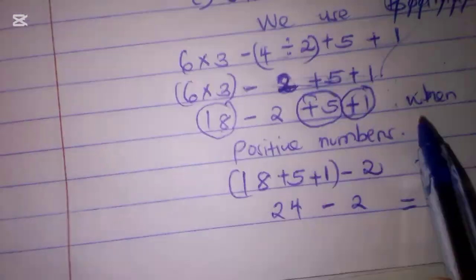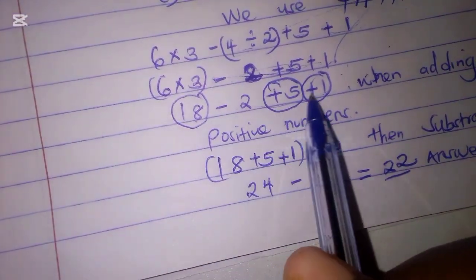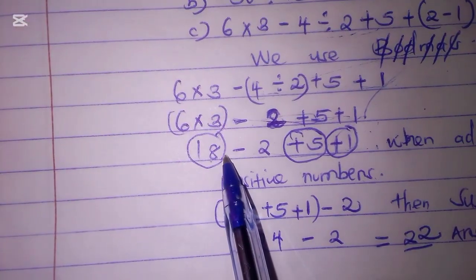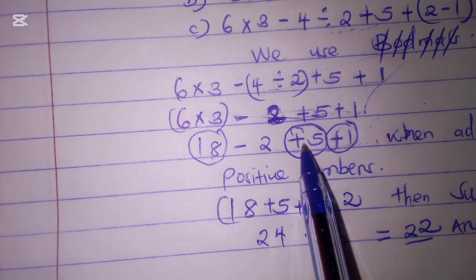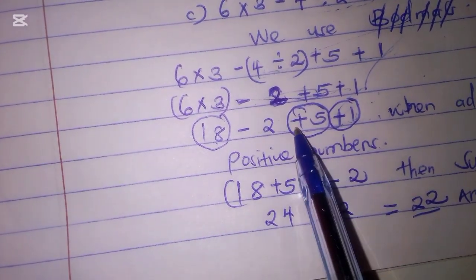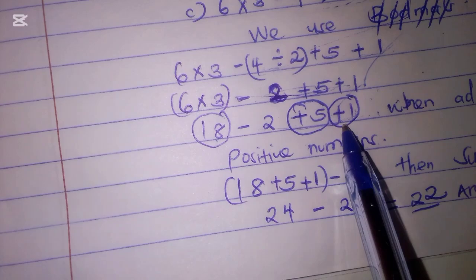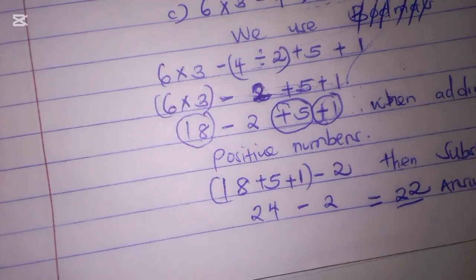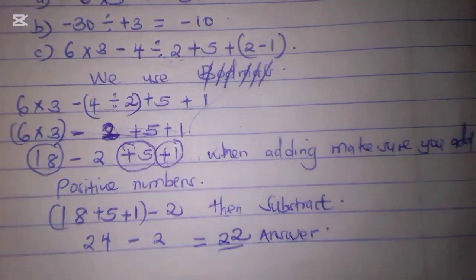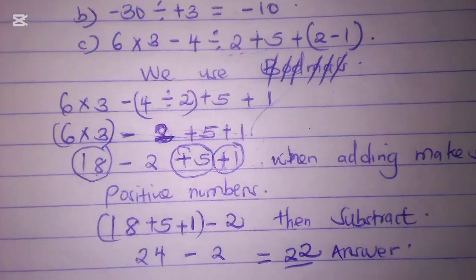So let us do this. First of all, identify all the positive numbers. What are all those positive numbers? 18, we're having positive 5, we're having positive 1. All these positive numbers that we have identified are supposed to be added. That's why I have written, when adding, make sure you add positive numbers.